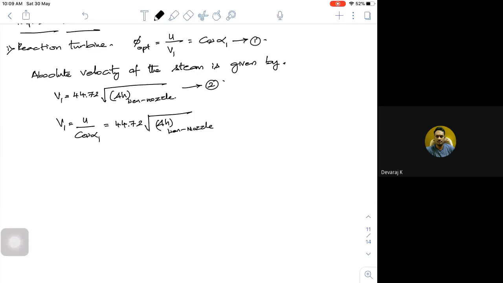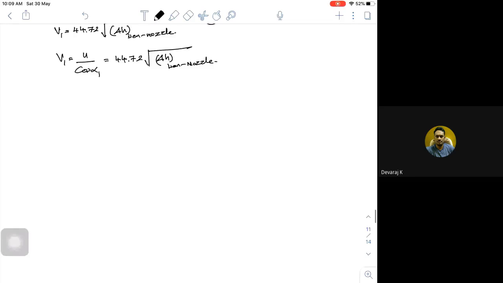Or if I take it to the left hand side, the square root of delta H isentropic nozzle is equal to U divided by 44.72 cos alpha 1.